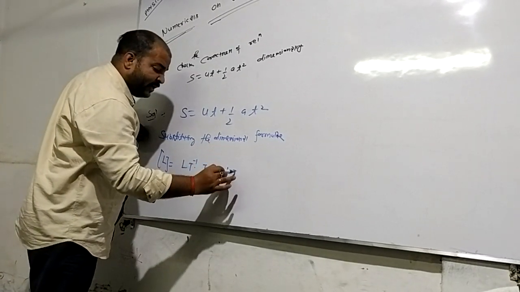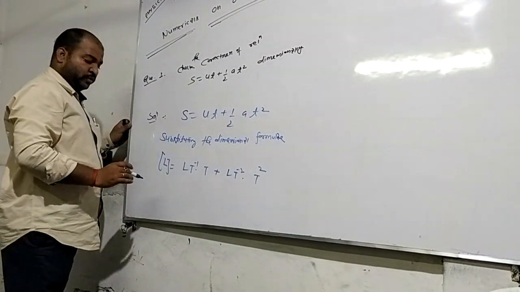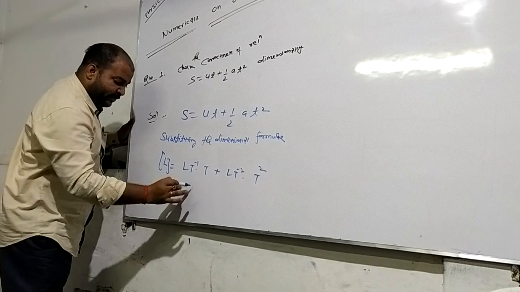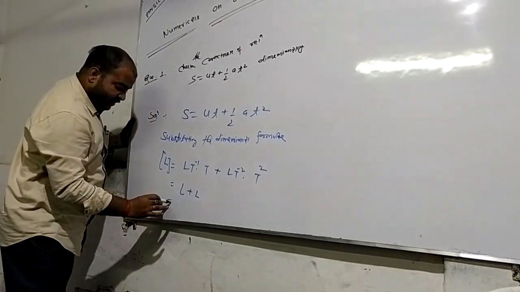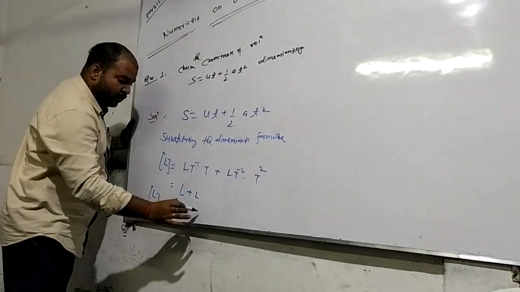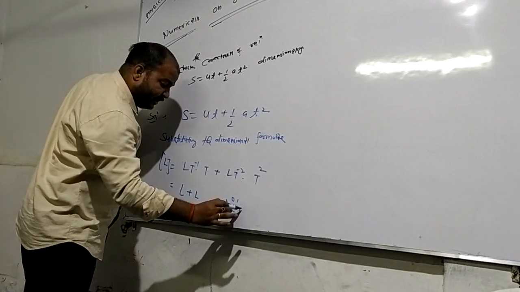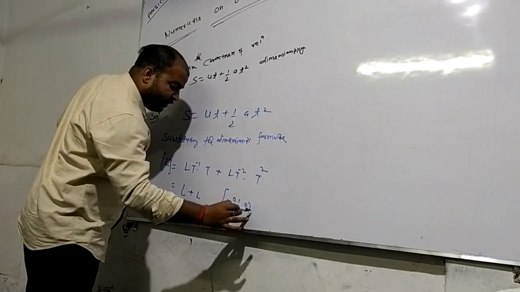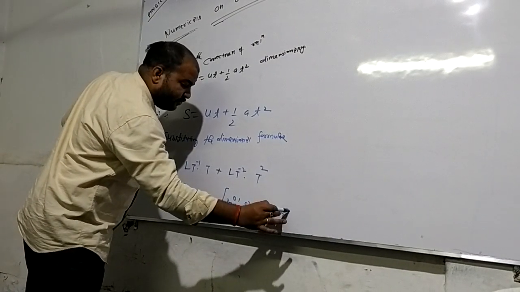A is LT minus 2, and time is T square. We cancel this. LT minus 1 times T gives L, plus LT minus 2 times T square gives L. That means we can say L equals L, or it can be written as M0 L1 T0 on both sides.